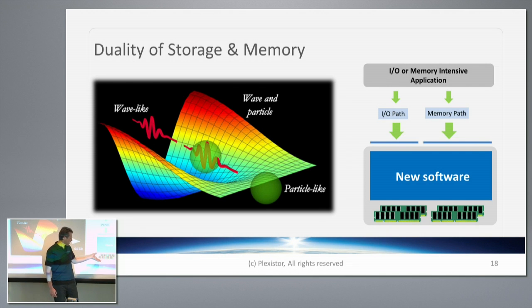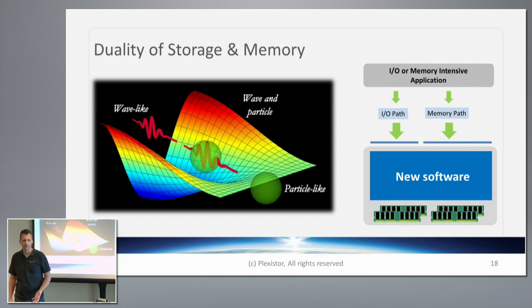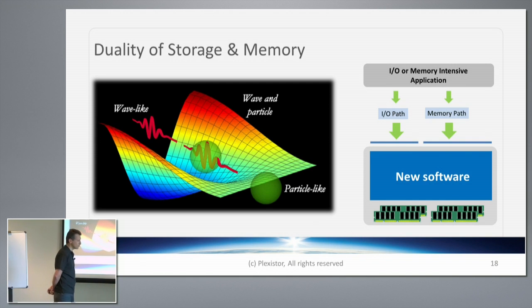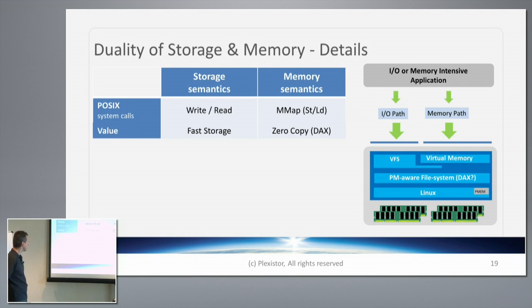And what we have now is for the first time, a device that's capable of this duality. I mean, you can access it directly either as storage or as memory. And we need some software in the middle that can do the same. It can basically allow that capability to flow up to the application layer, surface up.